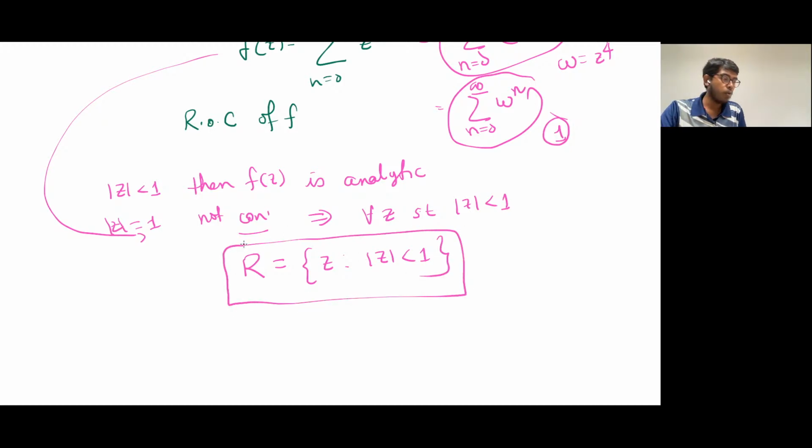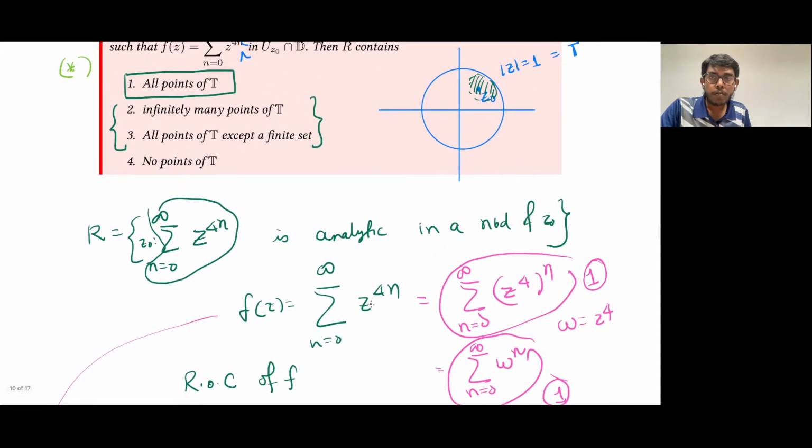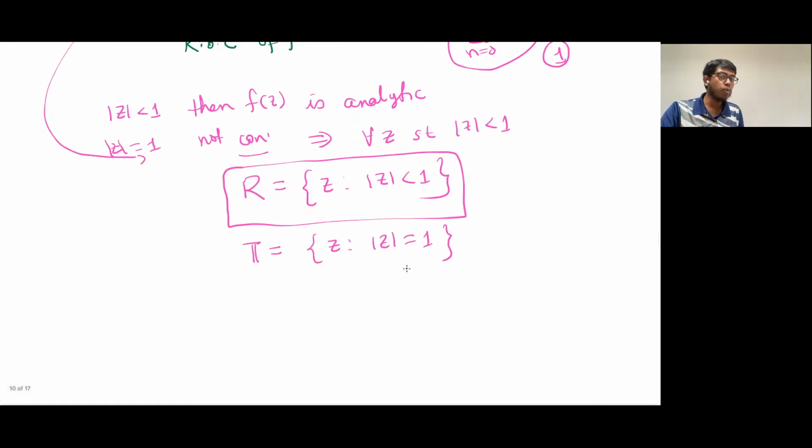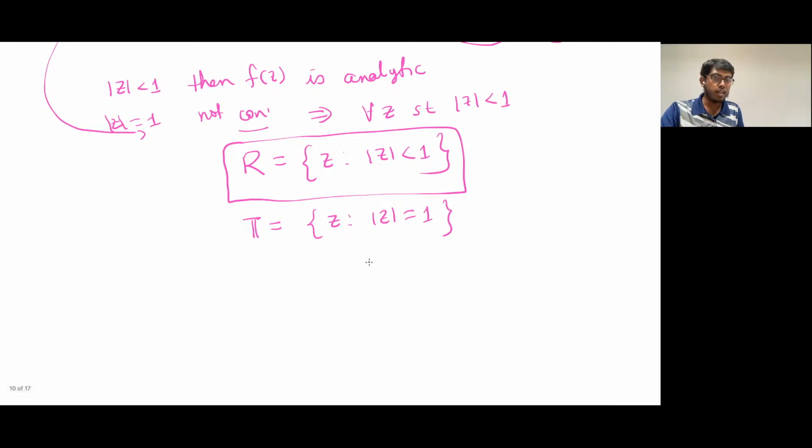Now what was T? T is the set of all z such that mod z equals 1. Now if I take a point here, what is the property of R?